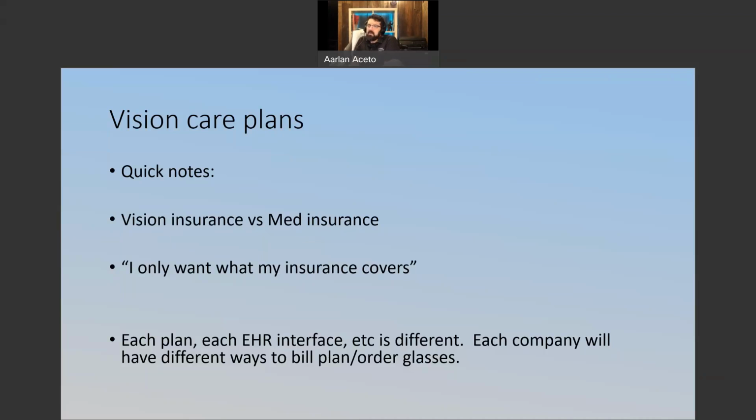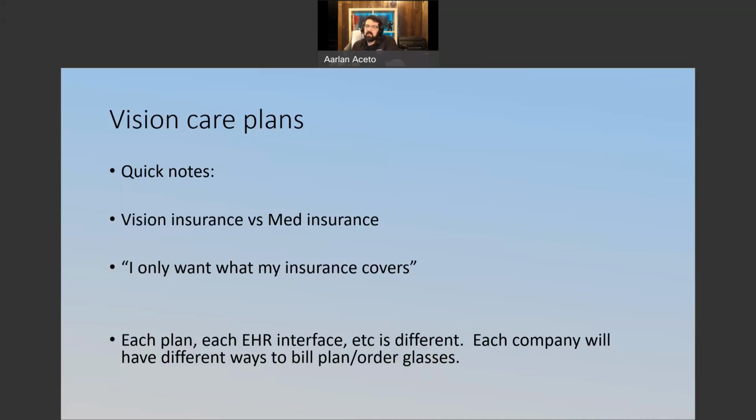Your insurance will cover part of it, discount some of it, and you're left with a $300 balance. The way I generally try to address it is, here's an $850 pair of glasses that you're getting for $300. You have a $500 benefit from your vision discount plan. This is a big benefit for you, it gets you what you need, and it's worth it because you're going to have them every day.